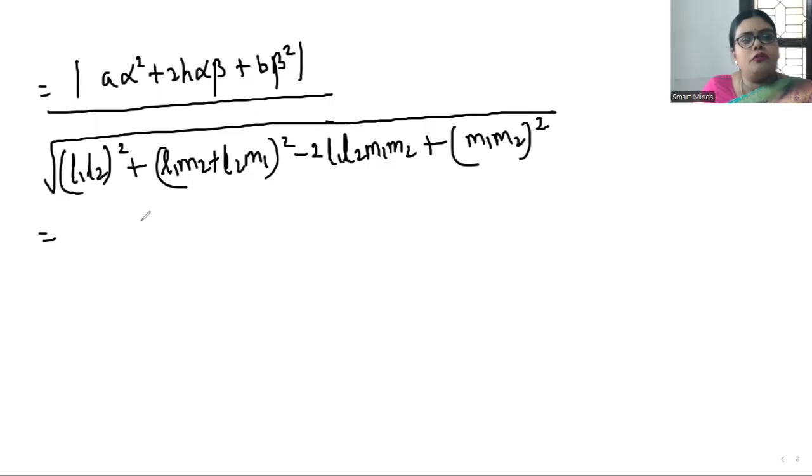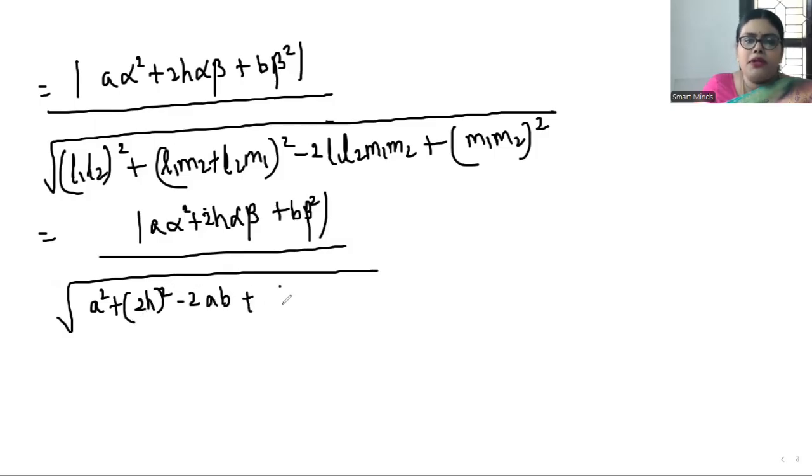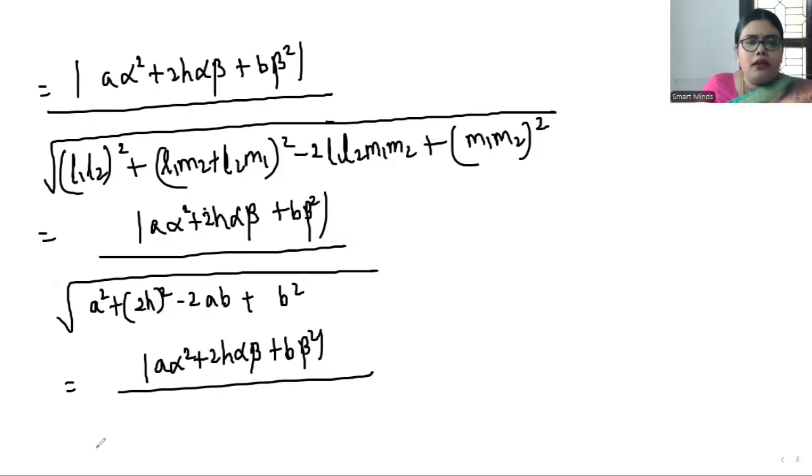Understood. Now for the new denominator also we will substitute the values. The numerator I am copying as it is. Now in the denominator, let us substitute here itself. So L1 L2 is A square plus 2H whole square minus 2AB plus B square. Okay, that is mod A alpha square plus 2H alpha beta plus B beta square by root over.